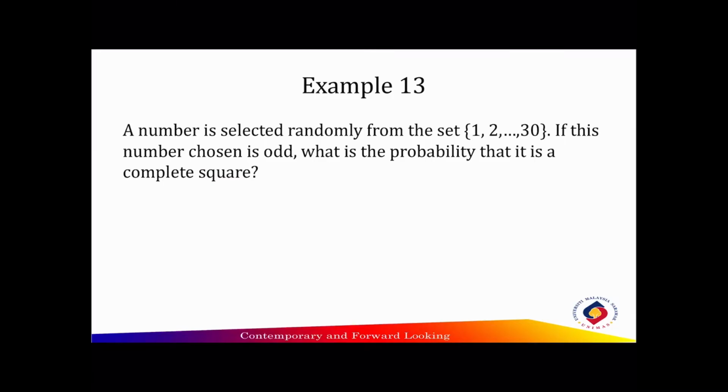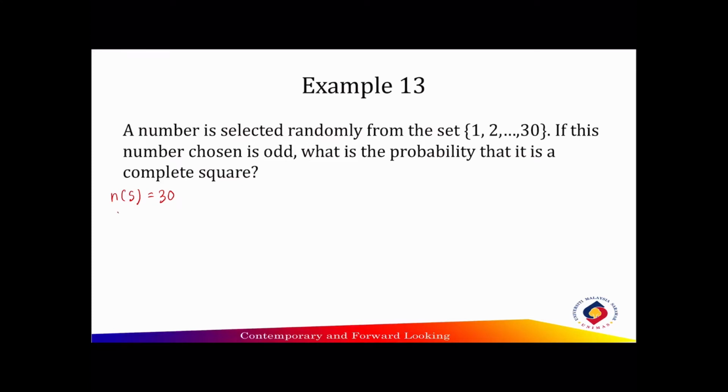A number is selected randomly from the set from 1 until 30. If the number chosen is odd, what is the probability that it is a complete square? Okay, so first we have a set of 1 until 30, which means n(S) is 30.